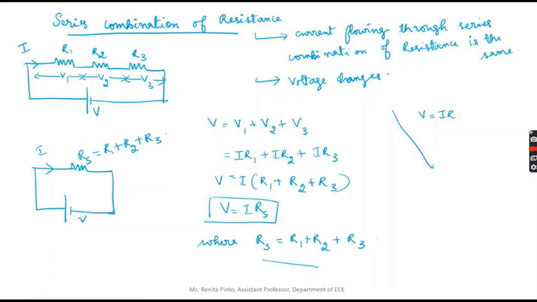So in the series combination of the resistance, the equivalent resistance is given by the addition of all the resistances in series. Another thing that you need to remember is the current flowing through the series resistances will remain the same, whereas voltage differs.